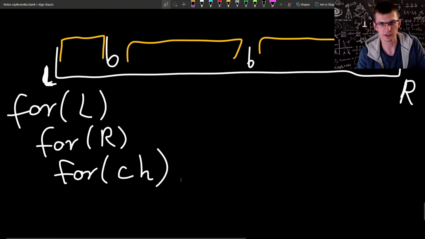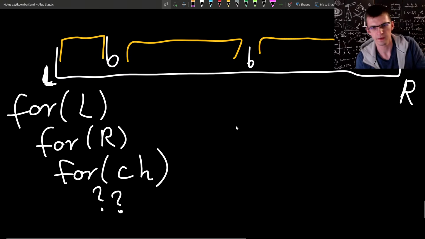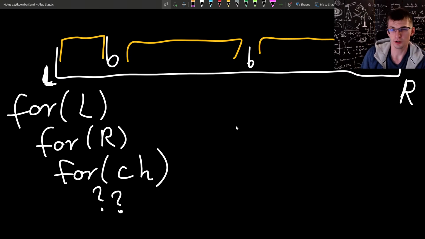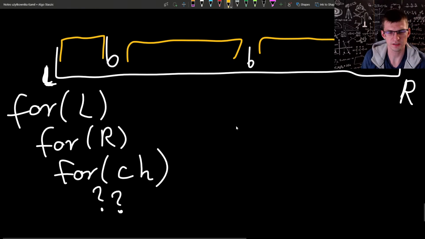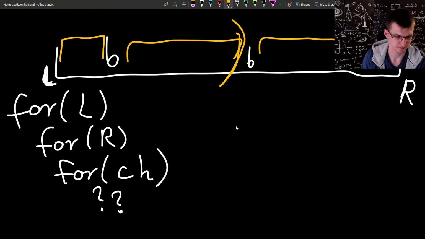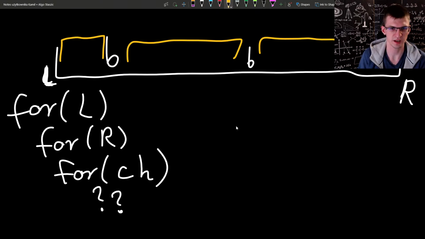Okay, for every character, and here what do we do? We need to go through this interval LR from left to right, that makes most sense, and I just need to know up to some moment what's the best split. This will be some dp prime or temporary dp.